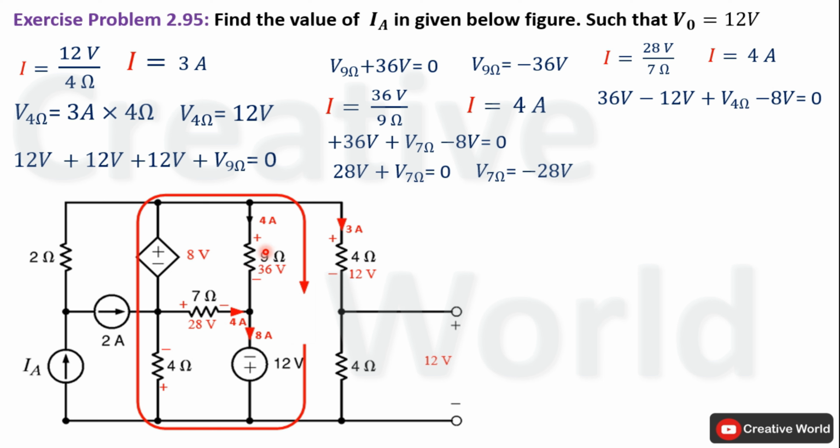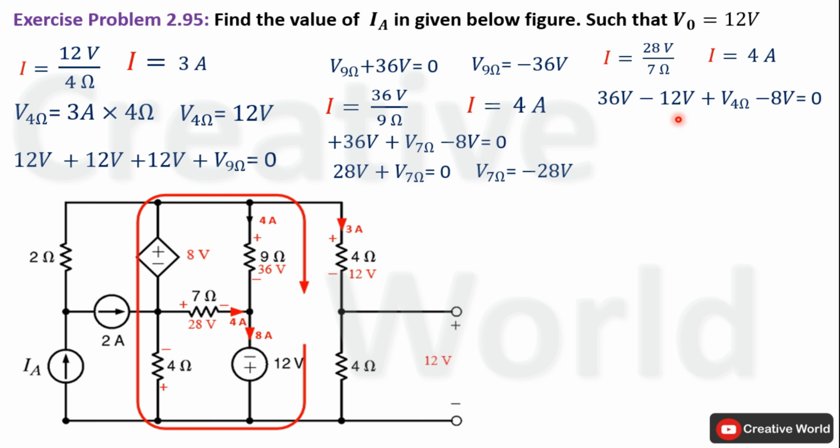Current entering terminal is positive, so 36 volt will be taken with positive sign. Next, current entering terminal is negative, so 12 volt will be taken with negative sign. Next, current entering terminal is positive, so voltage across this 4 ohm resistance will be taken with positive sign. And at the last, current entering terminal is negative, so 8 volt will be taken with negative sign.